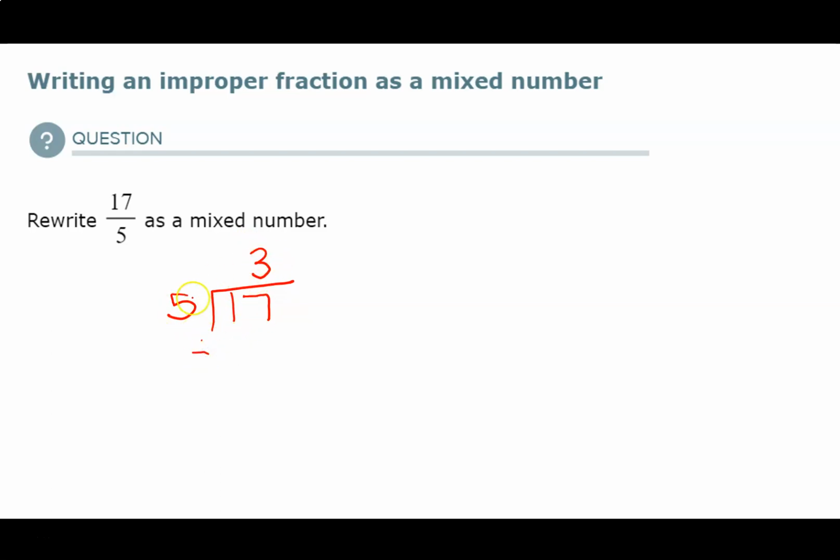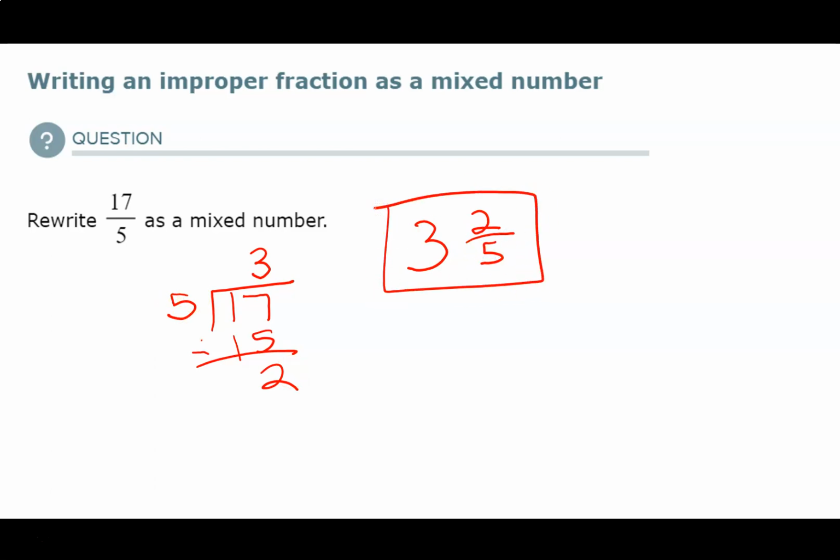Those 3 whole groups of 5, I subtract that out from my 17, I have 2 left over. So I have 3 whole groups, and then I have 2 left out of 5 that each one was made up into. So 3 and 2/5. Okay?